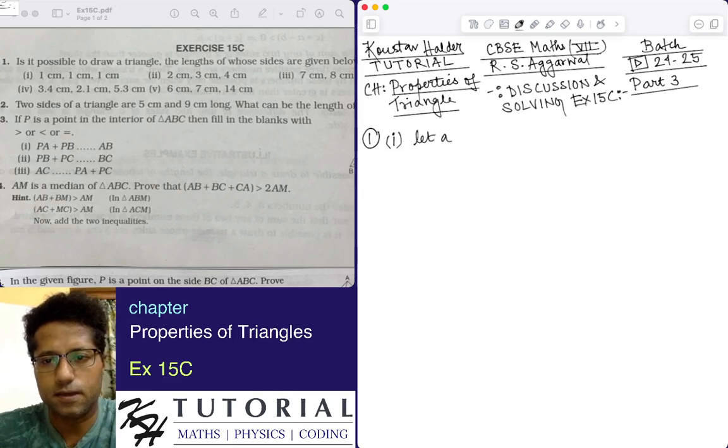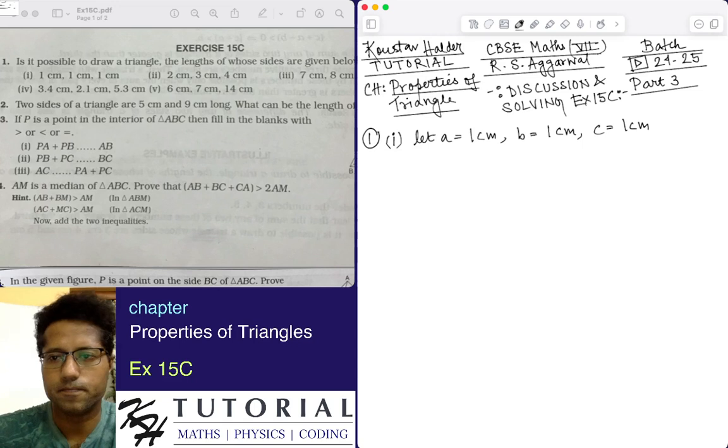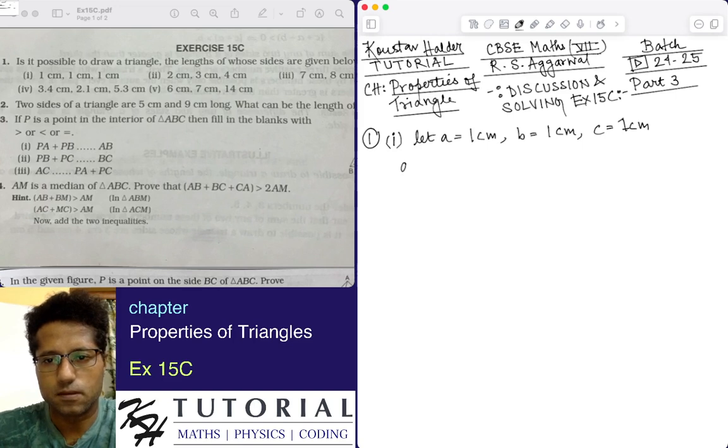Let A be 1 centimeter. Let B also be 1 centimeter, and C is also given to be 1 centimeter. So now we have to check that A plus B must be greater than C. Now this implies 1 plus 1 is greater than 1.